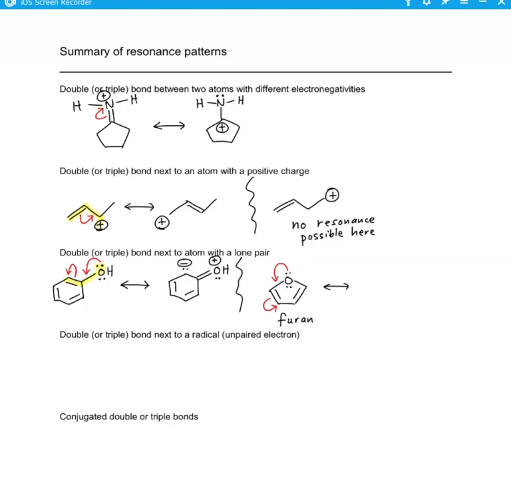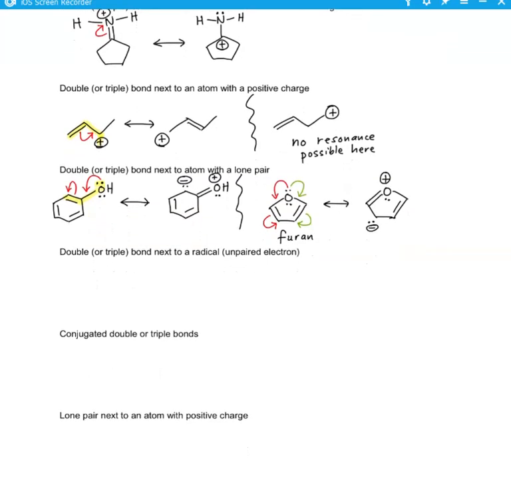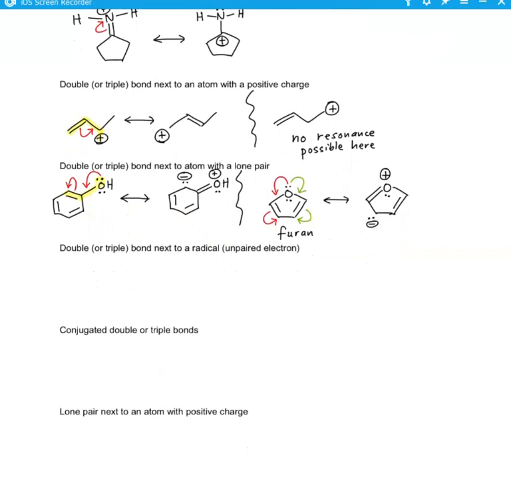So by either direction, I mean you could have also gone this way. That gives you this structure, which has separation of charge in it, so it's a minor contributor, but it's still an allowable resonance move.